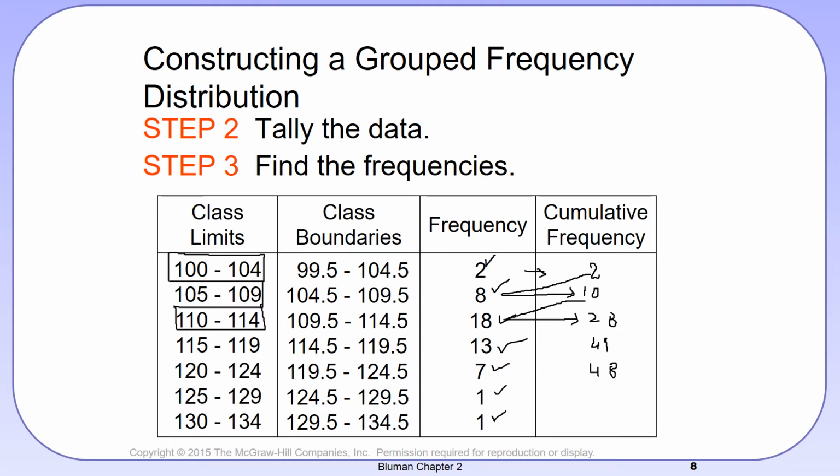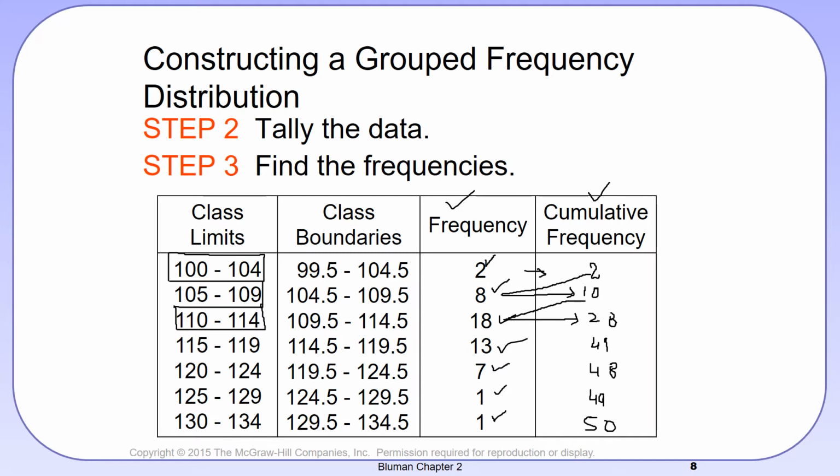And 48 plus 1 is equal to 49, and similarly 49 plus 1 is equal to 50. So this column is for frequencies and this column is for cumulative frequency.